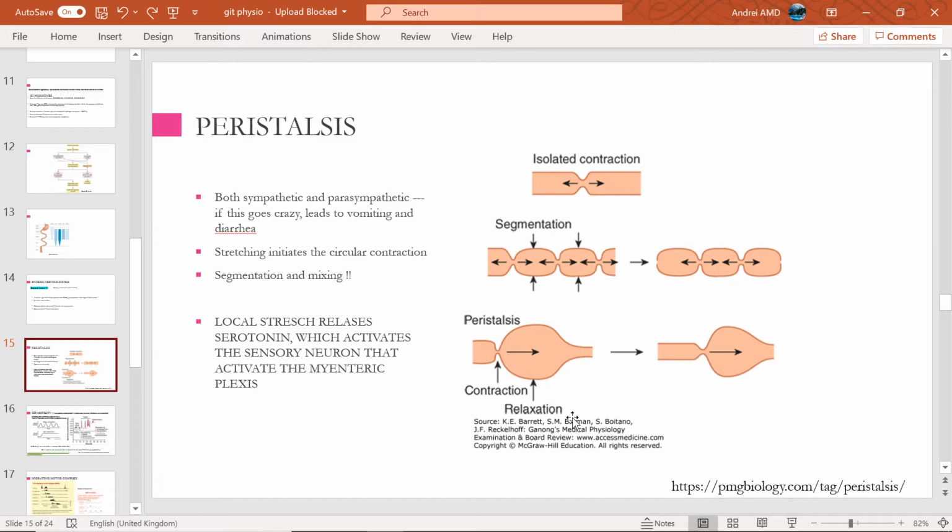These pacemaker cells set up this baseline rhythm that you can see here. I don't know if you can see properly, but this is the oscillating slow wave pattern. This is all because of the interstitial cells of Cajal.